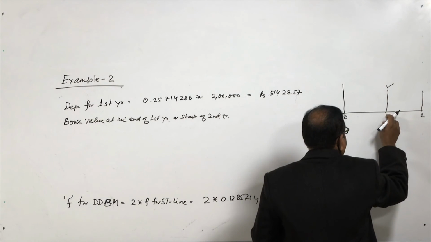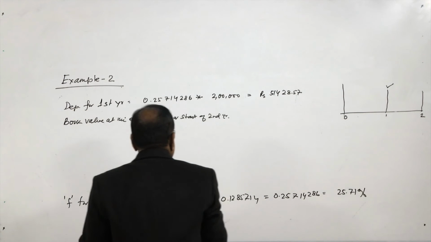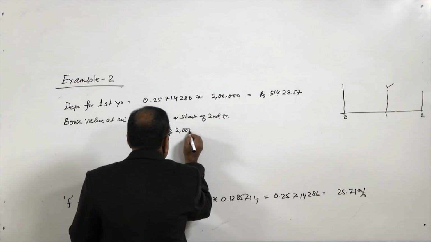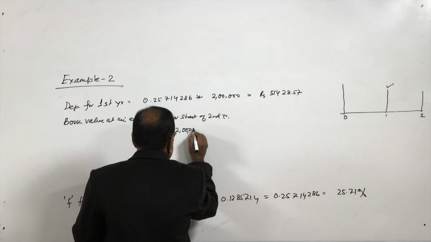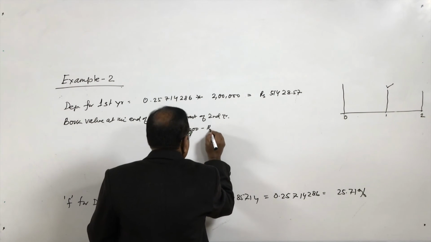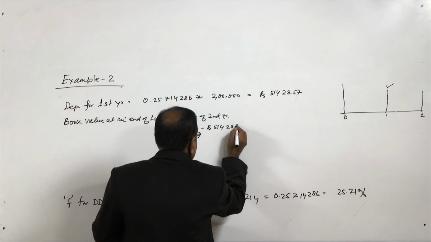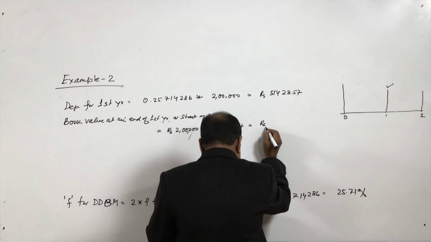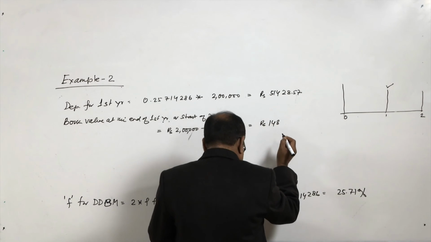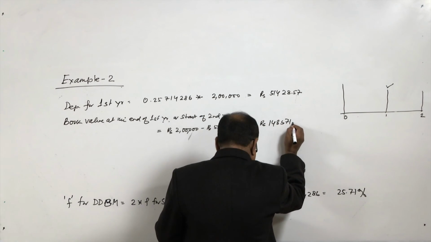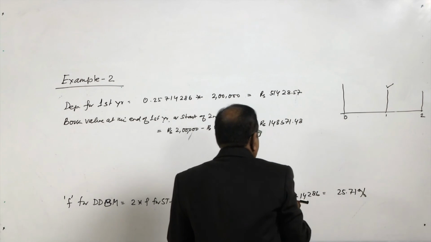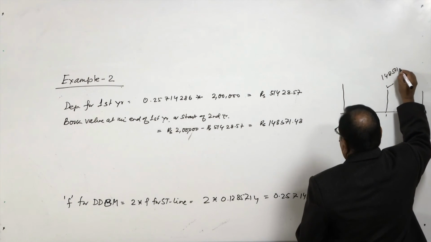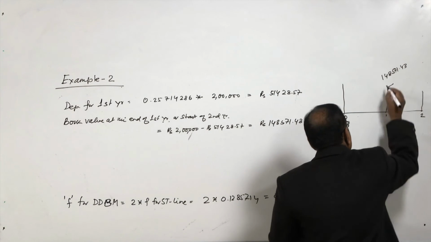So, I can say that the end of the first year or the start of the second year is equal to rupees 2 lakh minus this value rupees 51428.57, is equal to rupees 148,571.43. So, this is the value at this point.